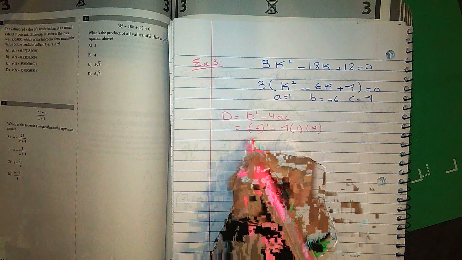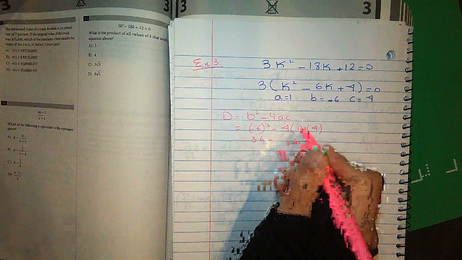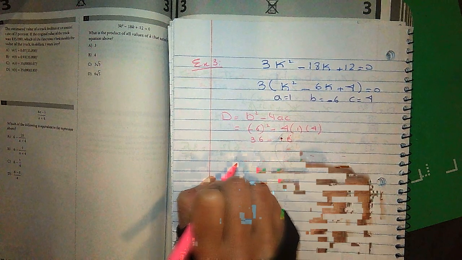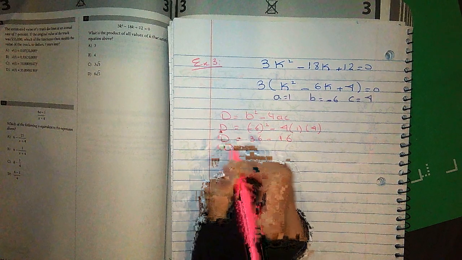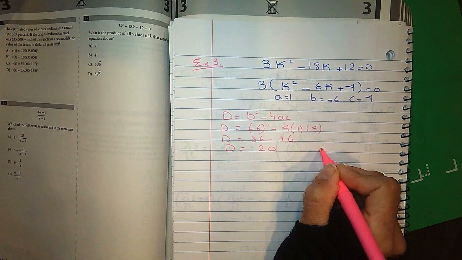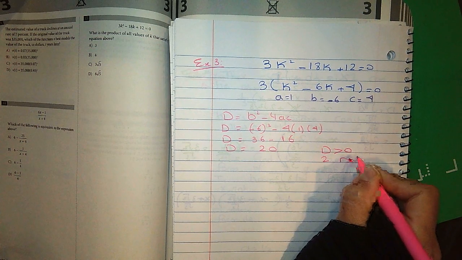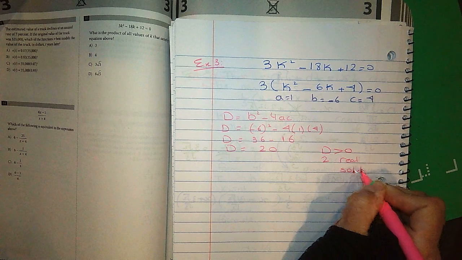Negative 6 squared is 36 minus 16. So here I'm going to write D. And 36 minus 16 is 20. So I know D is greater than 0. I know I have 2 real solutions.